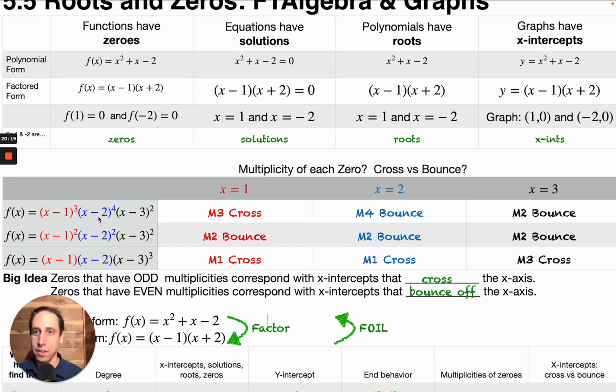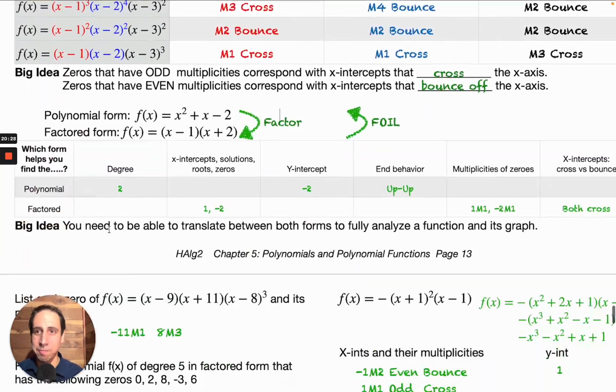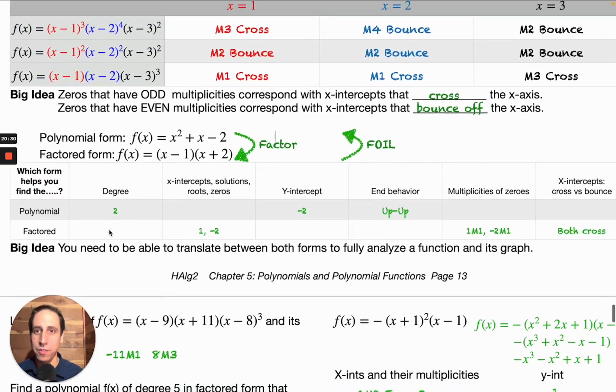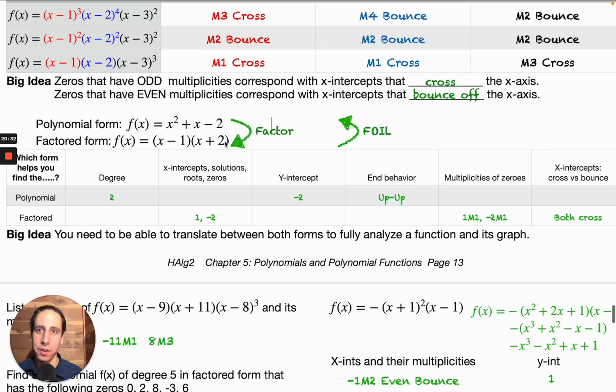So therefore, if you were going to FOIL this all out, you'd get, as the first term, x to the 9th power. Here, the multiplicity is 1 here and the multiplicity is 1 here. Add them up, you get 2. The degree is 2. The sum of all the multiplicities is equal to 2.